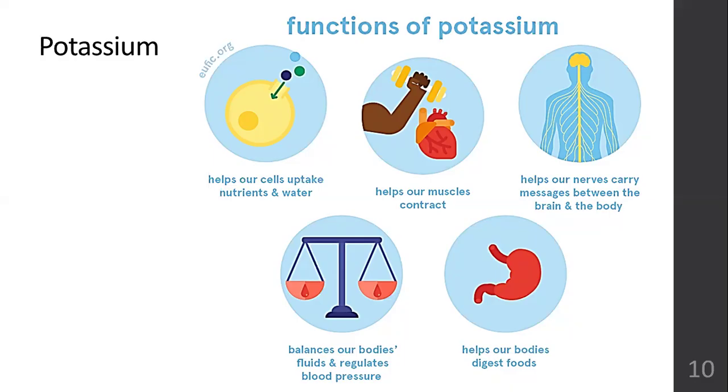Okay. It also helps your muscles to contract. It also helps your nerves carry messages between brain and body. Balances your body fluids, regulates blood pressure. It also helps your body to digest food because it is used in certain enzyme production. Okay, so these are the main functions of potassium.